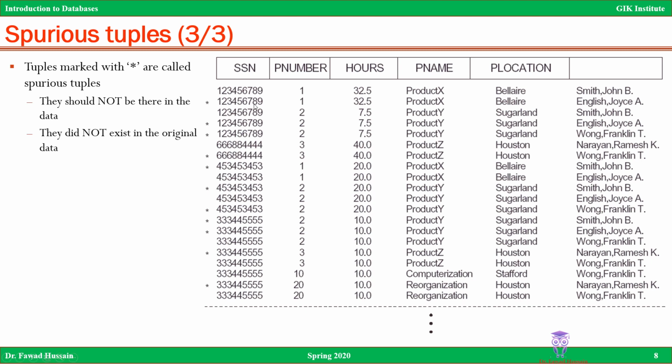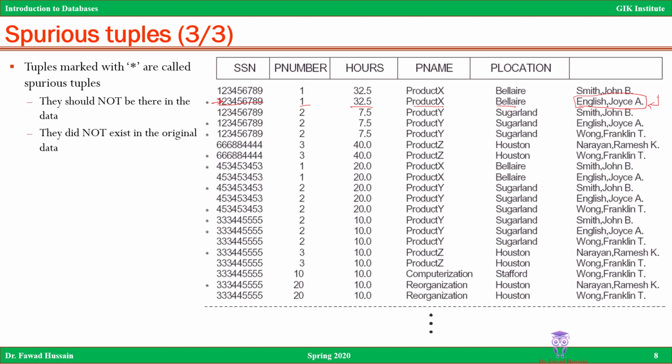Why? Look at this row. 1, 2, 3, 4, 5, 6, 7, 8, 9. Yes, this is right. What's the name of the person here? The name of the person has changed. So I have this additional row inserted which does not exist in the original data.